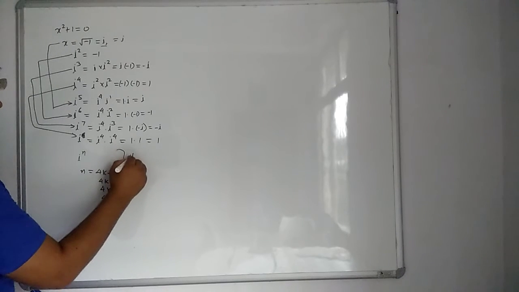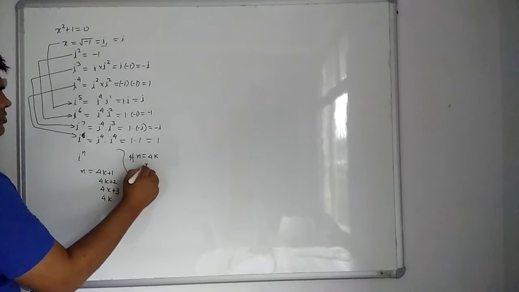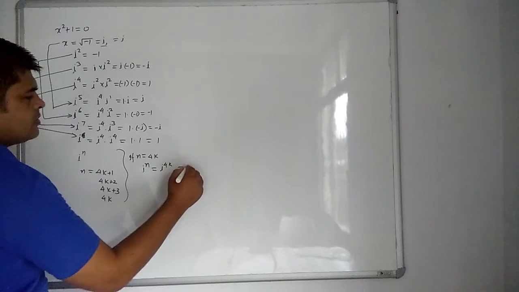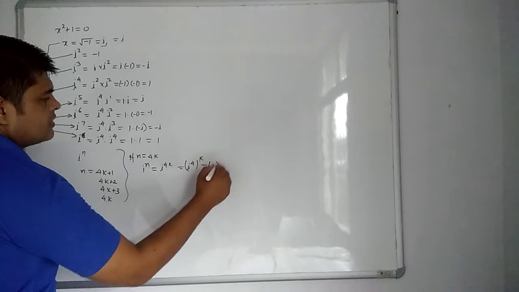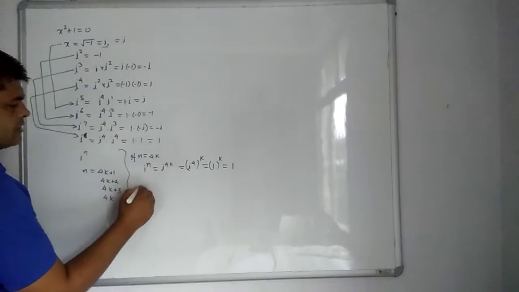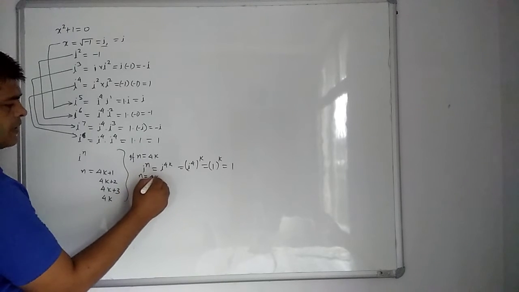if n equals 4k, in that case iota raised to the power n is equal to iota raised to the power 4k, and that will be equal to iota raised to the power 4 whole raised to the power k, and that is equal to 1 raised to the power k, and that gives you 1. Now come to the next, what is iota raised to the power n when n is equal to 4k plus 1.